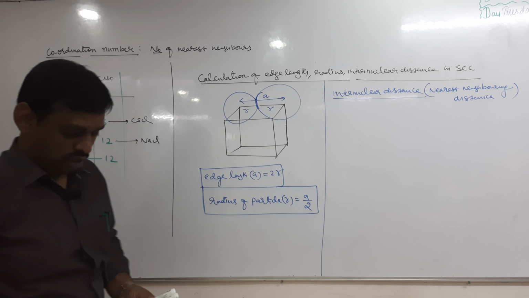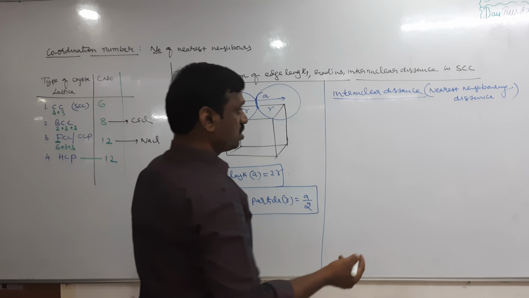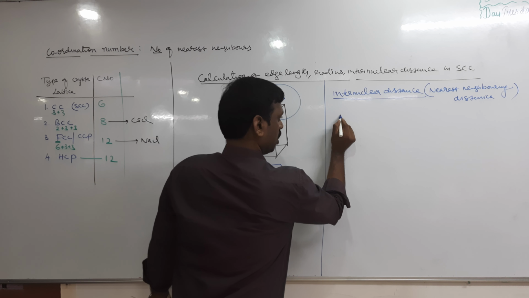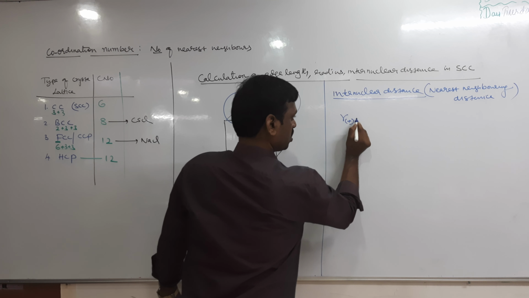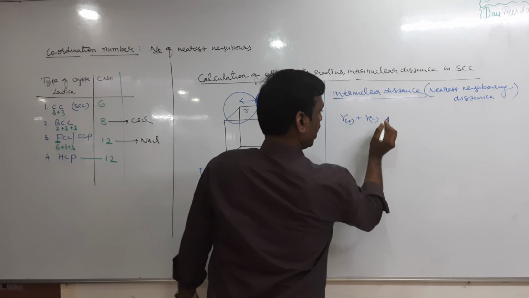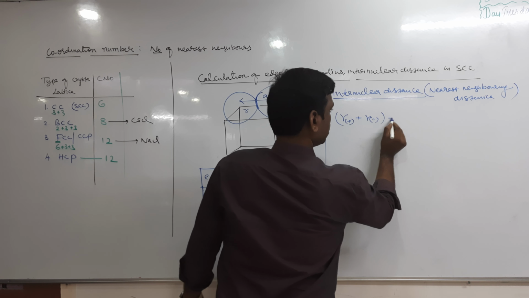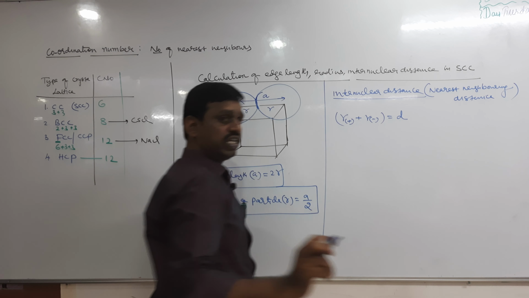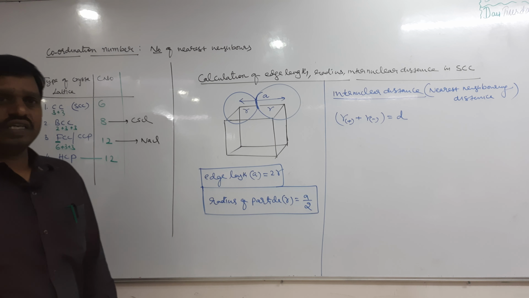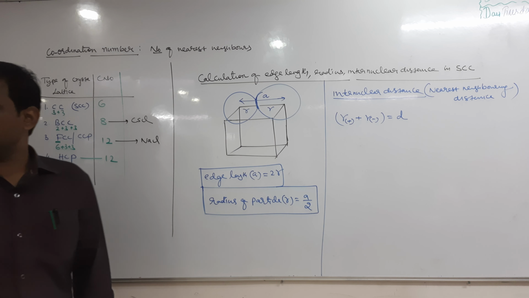Tell me, how do you calculate internuclear distance? So usually radius of cation plus radius of anion, which is equal to, we take d. D is not a density. We can also take d as internuclear distance.